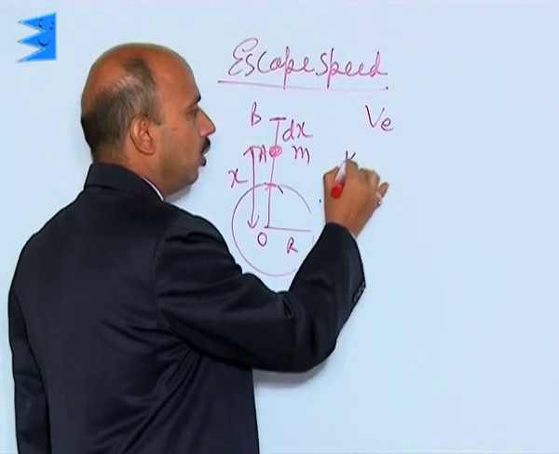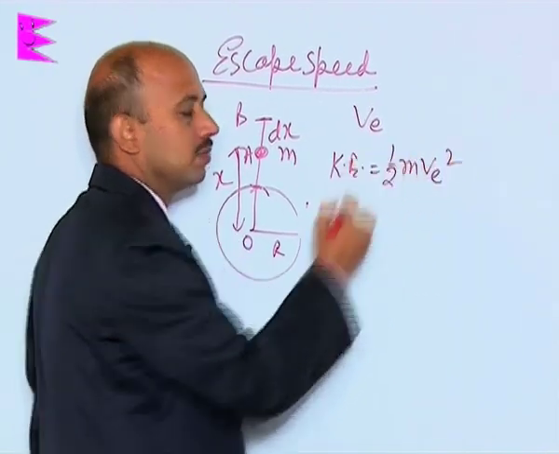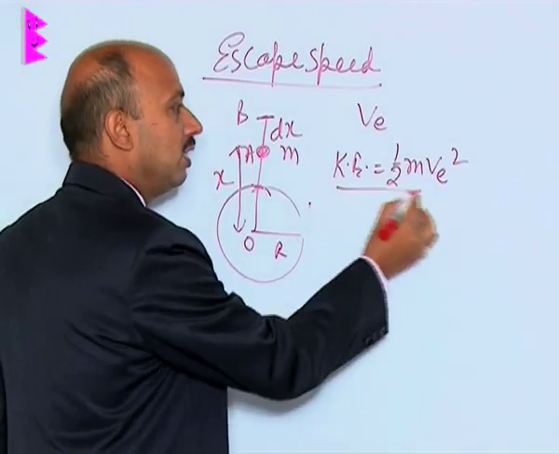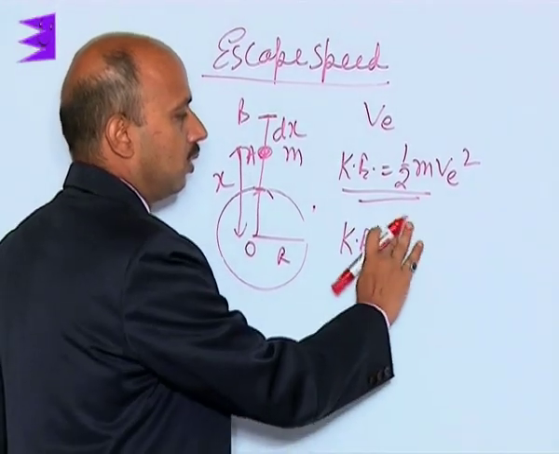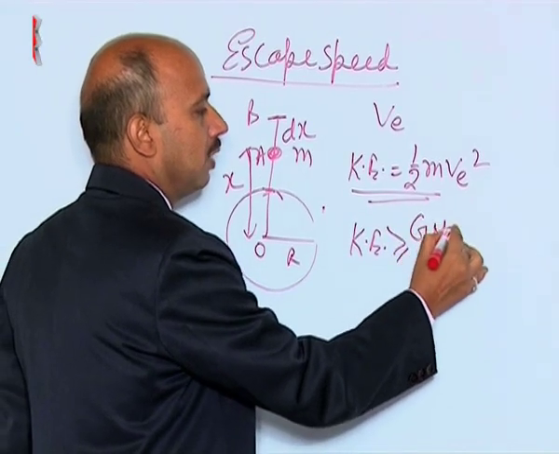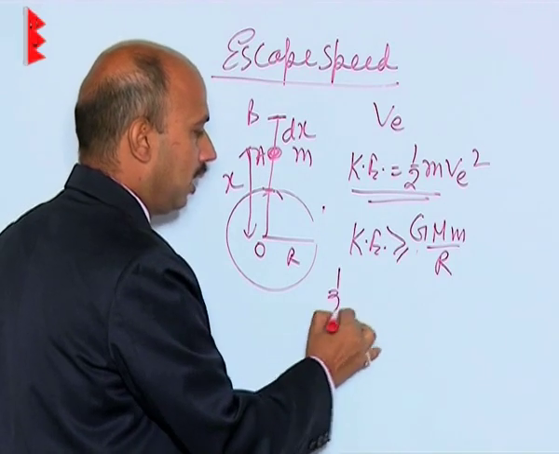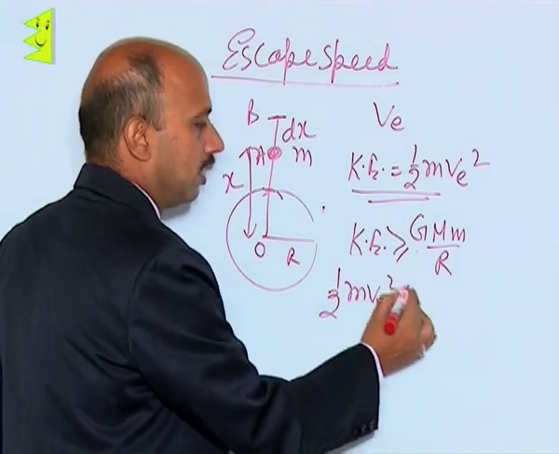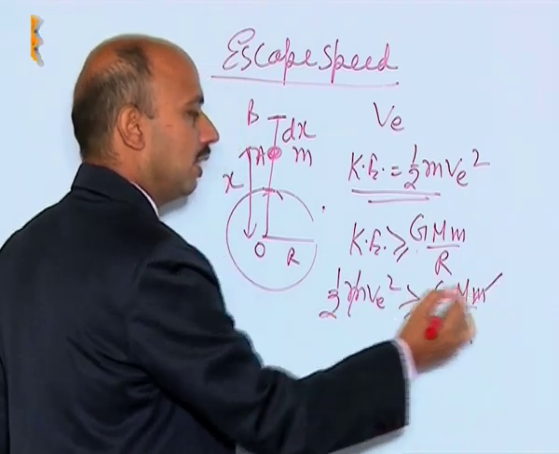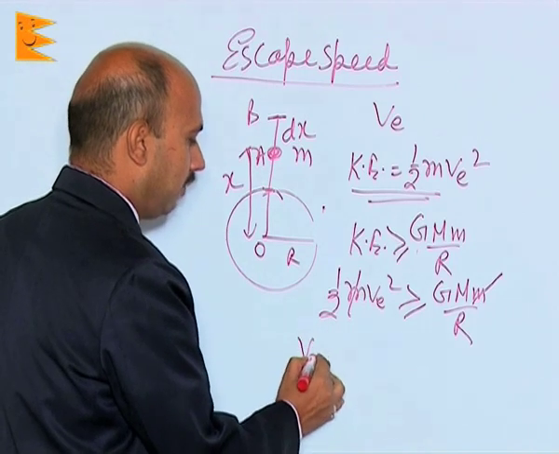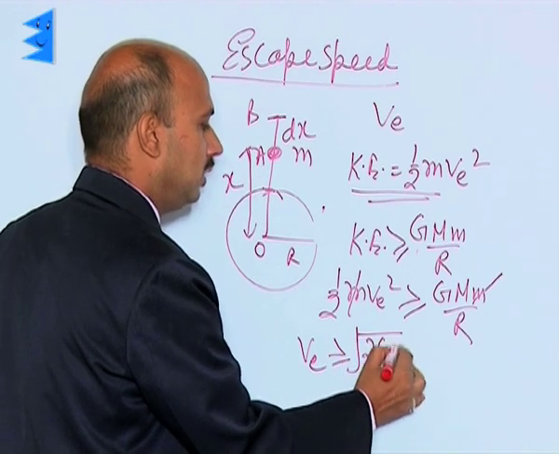Then the kinetic energy of the body will be half m v_e square, and this kinetic energy should be greater than or equal to GMm upon R. So we can write half m v_e square greater than or equal to GMm upon R. The m will get cancelled, so we get v_e should be greater than or equal to under root of 2GM upon R.